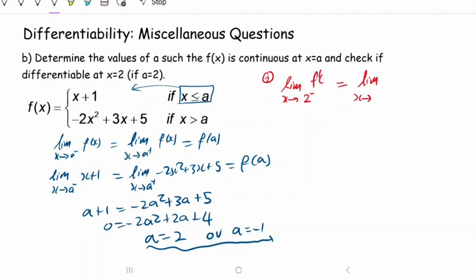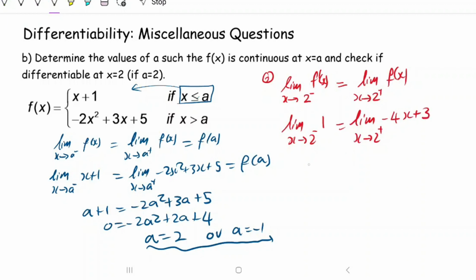Let's try to do the derivative as a whole so that you see where that comes from. First of all, the derivative from the left: the derivative of f is equal to 1, and the derivative on the other side is minus 4x plus 3.